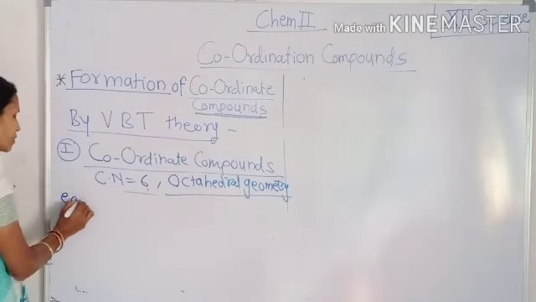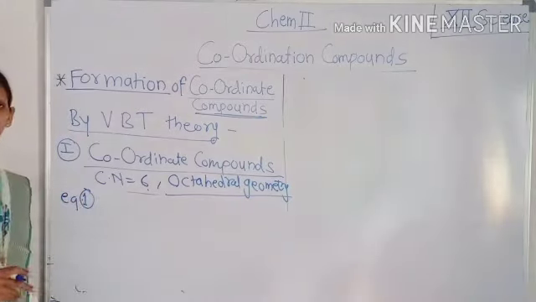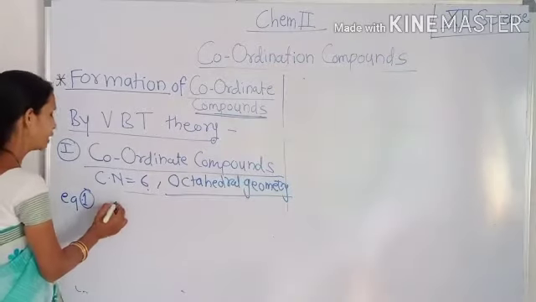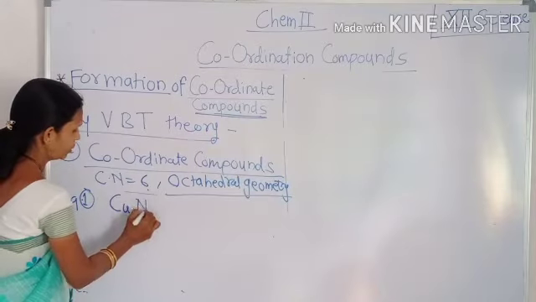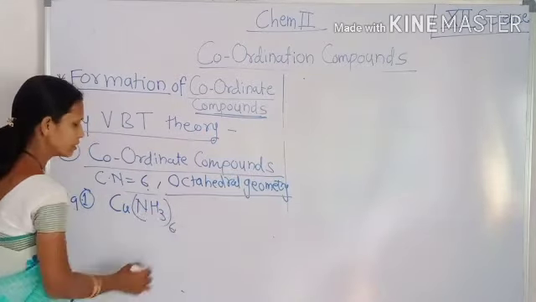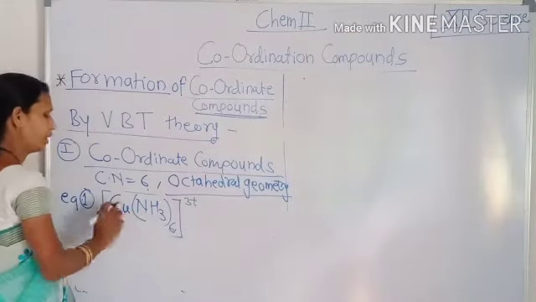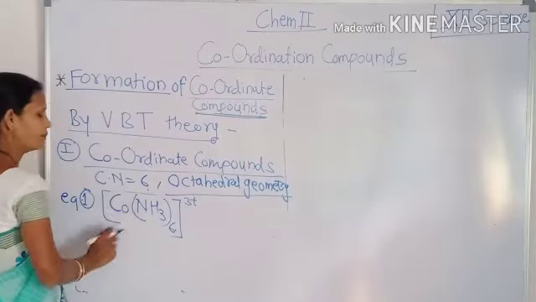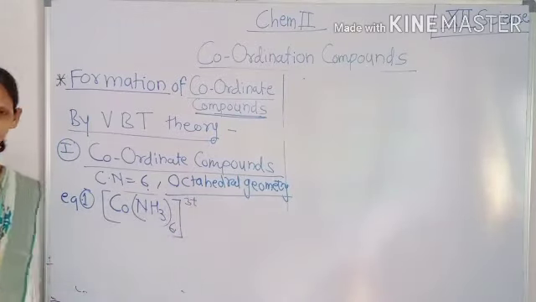The first example of an octahedral complex is [Co(NH3)6]3+.